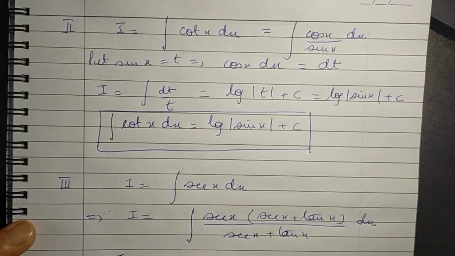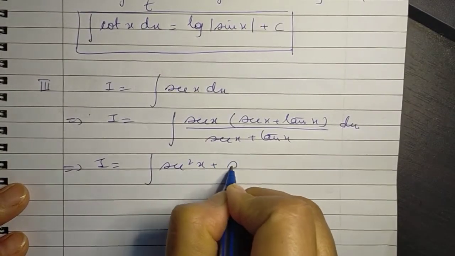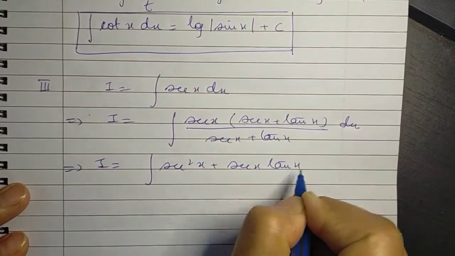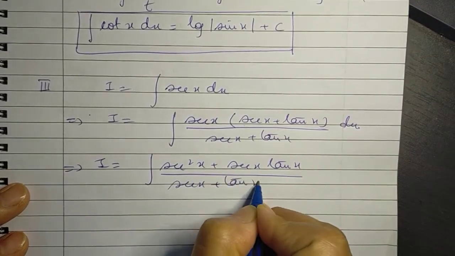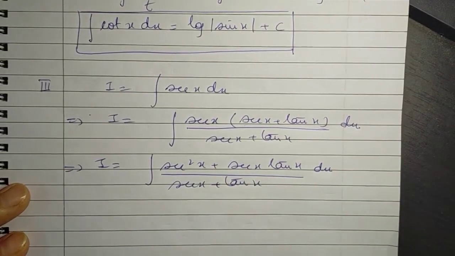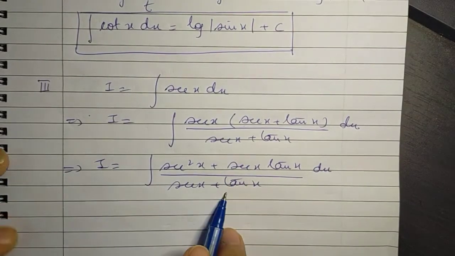Now when you solve it, we get, let's open it, sec squared x plus sec x tan x whole upon sec x plus tan x into dx. Now let's observe carefully. This is again a quotient of two functions.